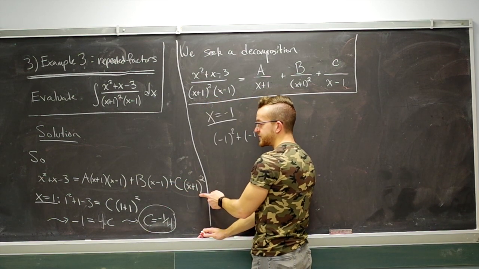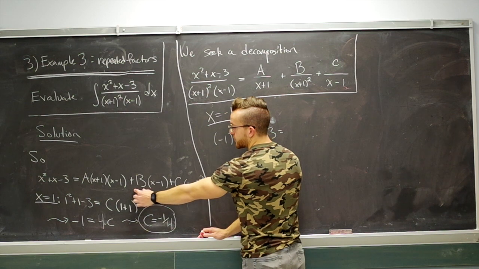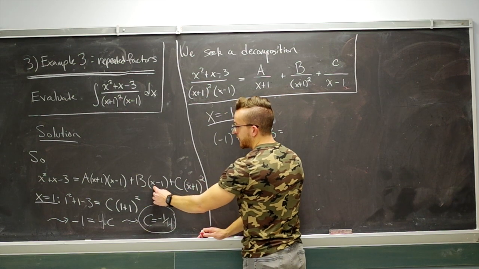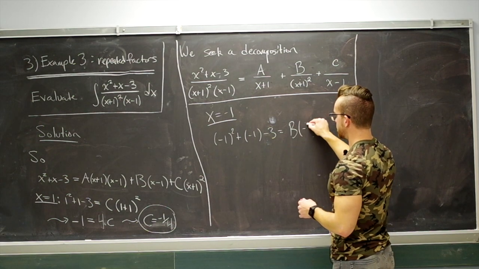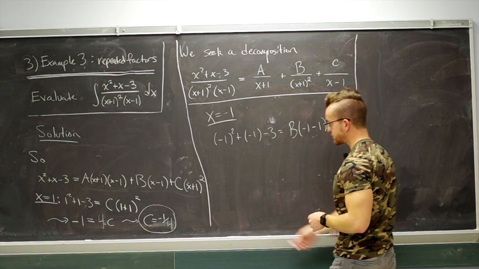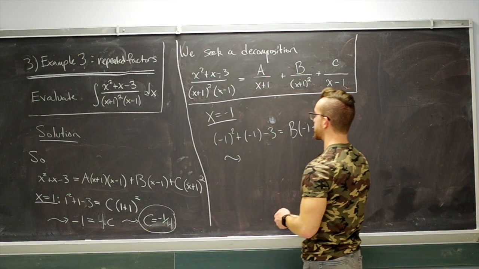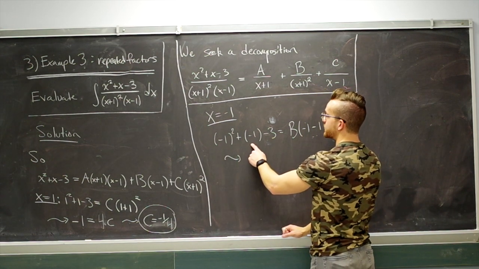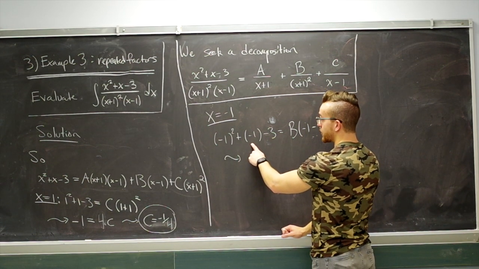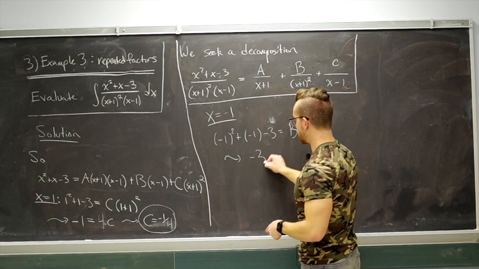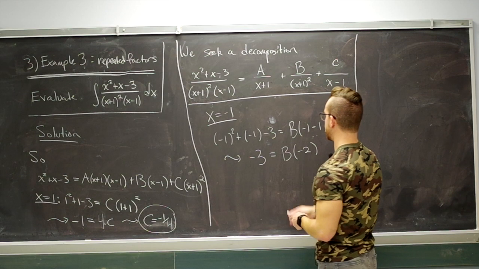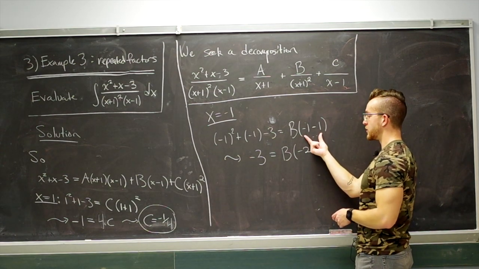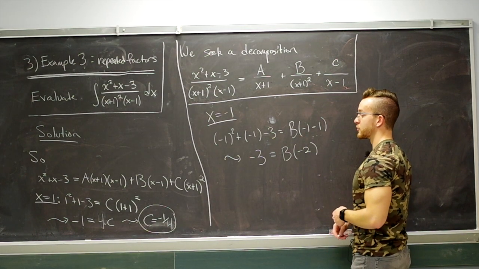Likewise, it kills off this entire term, so the only thing that we're left with is b times negative 1 minus 1. After some simplification, we get 1 minus 1 is 0, so negative 3 on the left, and then negative 2 here. So it looks like b is 3/2.